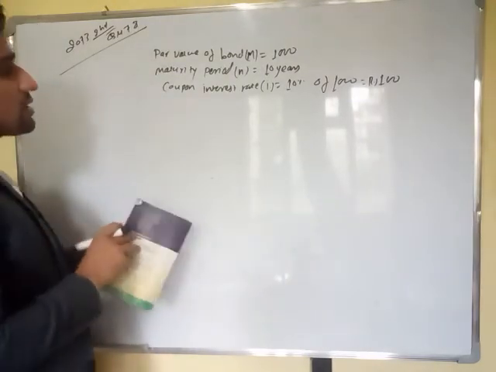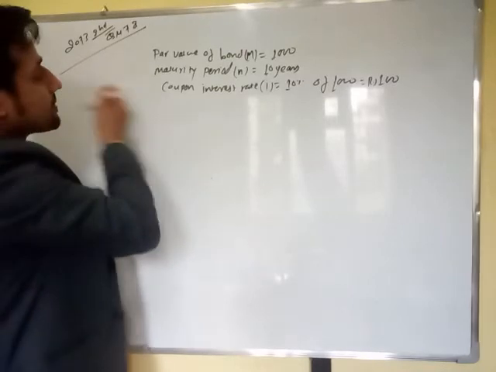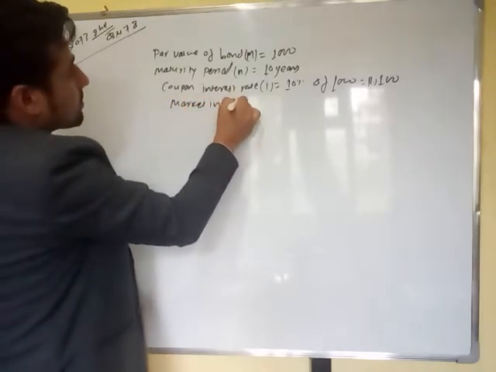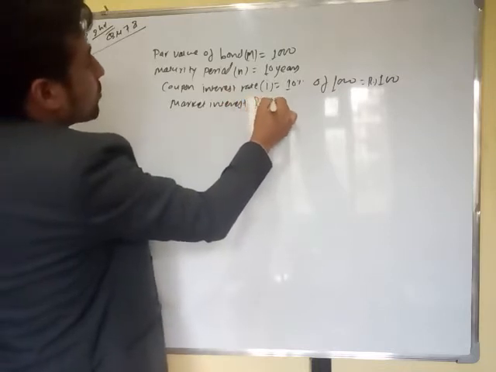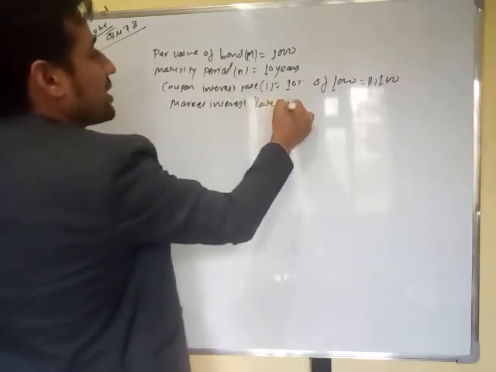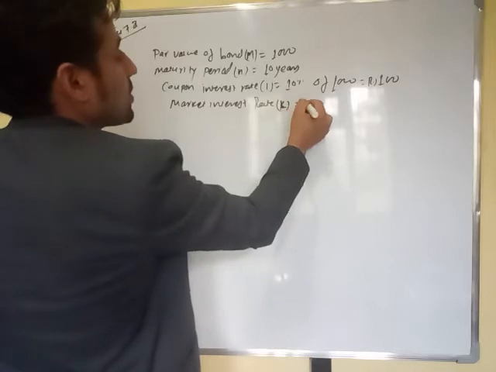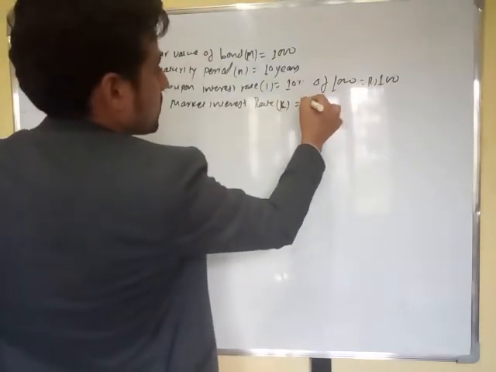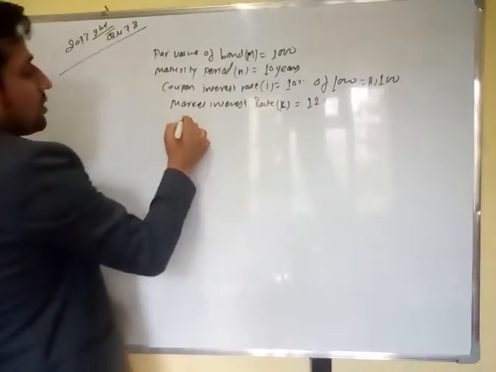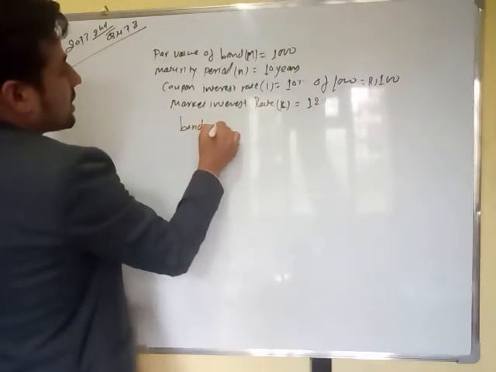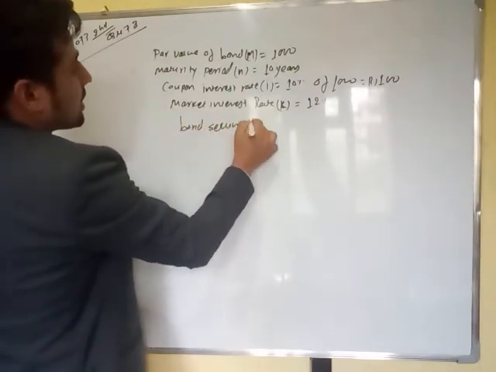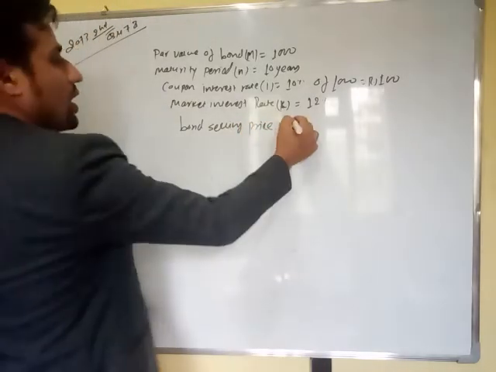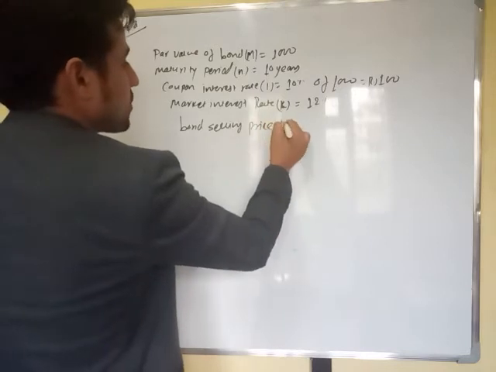Then the market interest rate K is equal to 12%. Bond selling price is equal to what? It means B0.